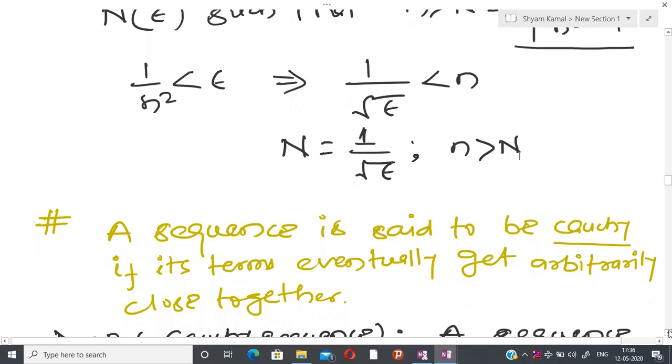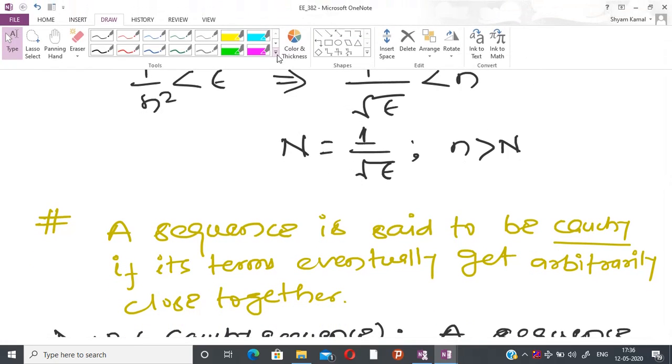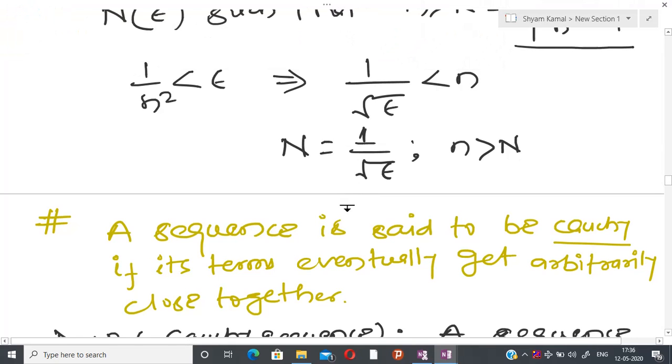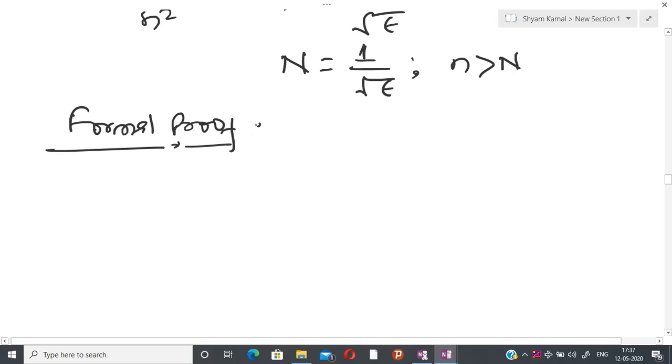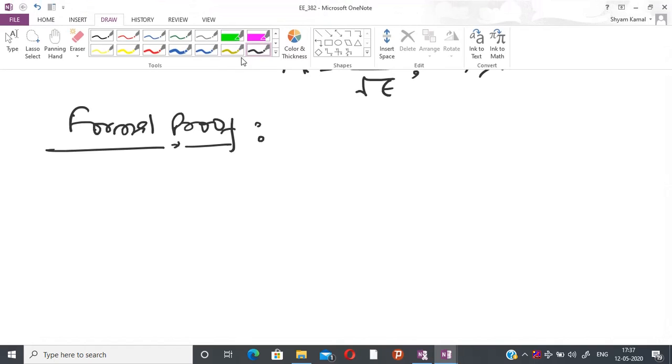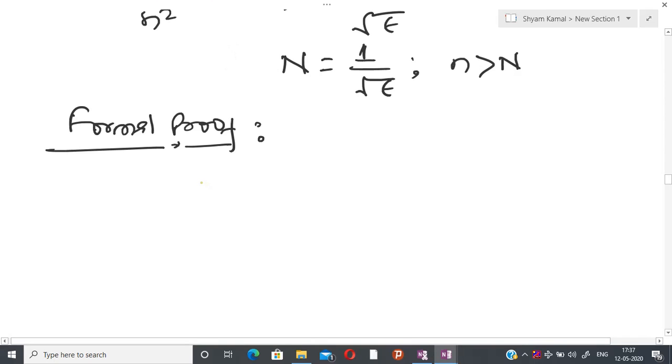Now let us write the formal proof of the same. In order to write the formal proof, first I will create some space. So basically we write the formal proof like this. Slowly I am introducing the formal proof so that you are able to understand how people write a mathematical proof. So let epsilon be greater than 0, and let N be, using the backward calculation I have generated N, greater than 1 by root epsilon.